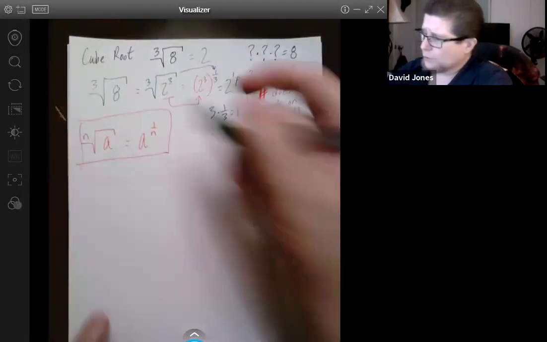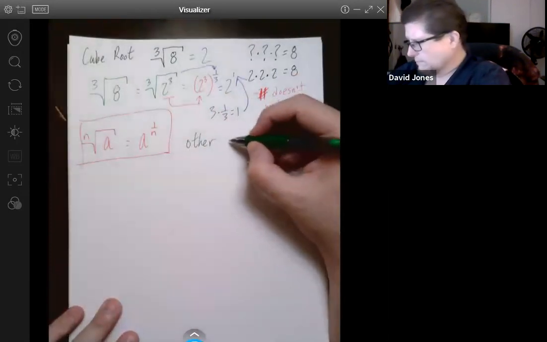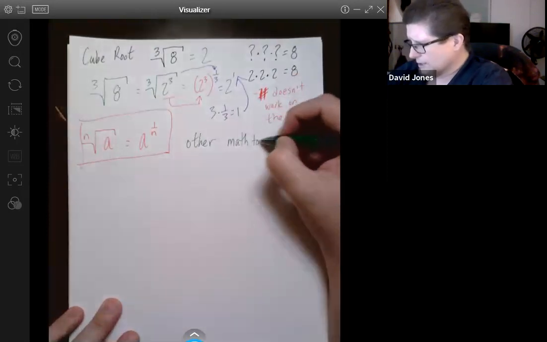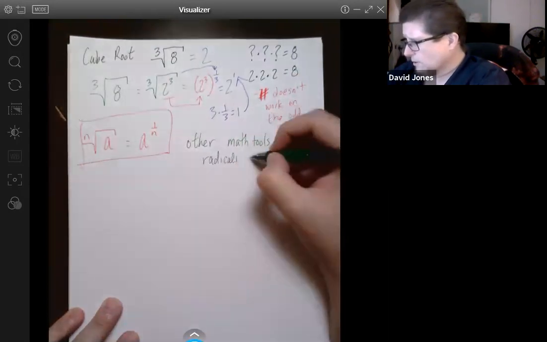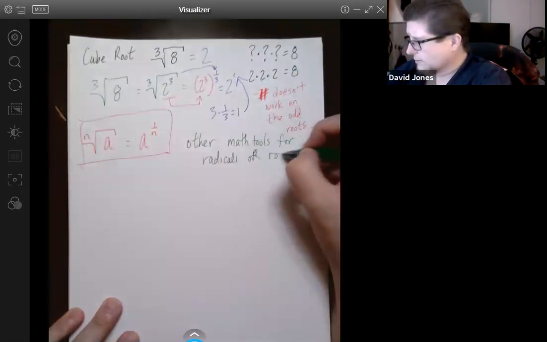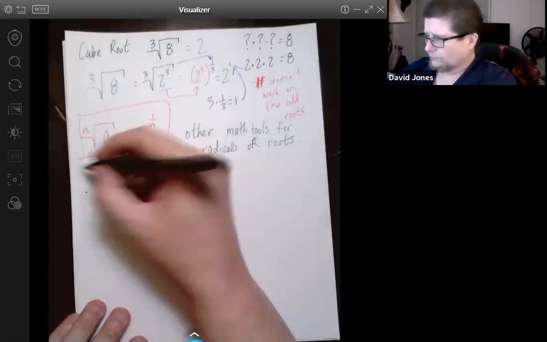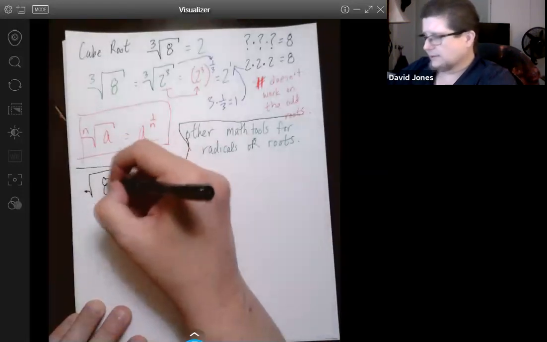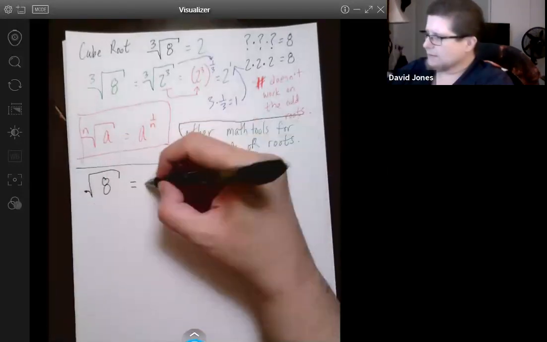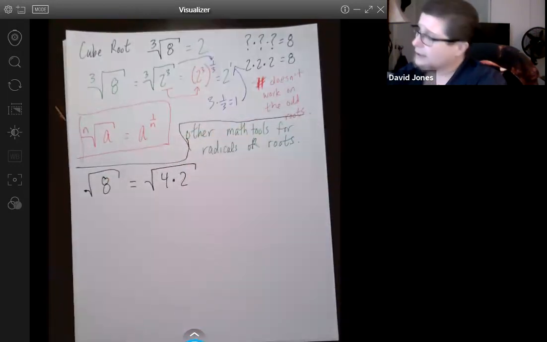Other operations with roots. Other math tools for radicals or roots. Let's take a look at the square root of 8. I can rewrite this as the square root of 4 times 2. 4 times 2 is on the inside.